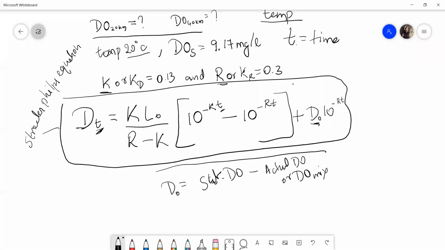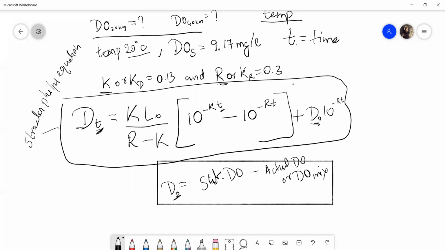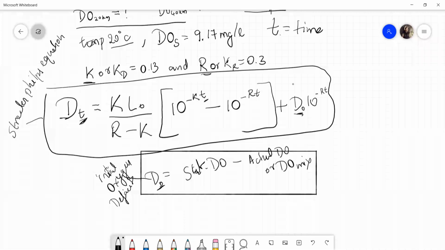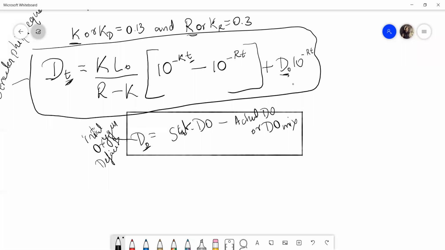So you can write down this formula also. D naught is initial oxygen deficit. For finding the initial oxygen deficit, we have this formula: D naught is equal to saturation DO minus actual DO or DO mix. Both are the same.